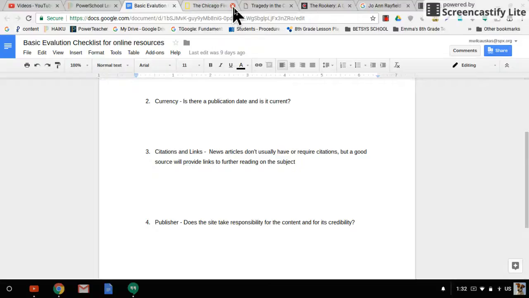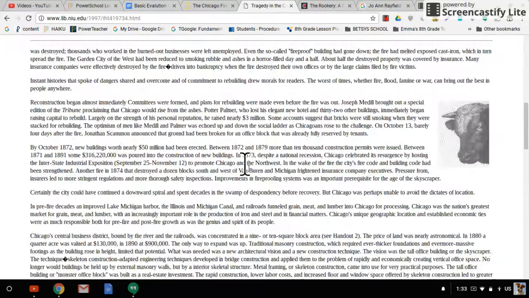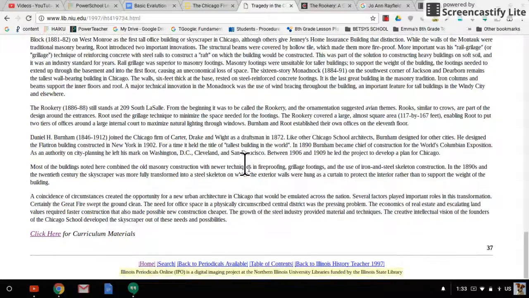Usually a university does. So you would say here, publisher is Northern Illinois University. It's in conjunction with Illinois State Public Libraries, and they take responsibility for their content. If they don't, you usually see a disclaimer at the bottom saying we don't take responsibility for the content.